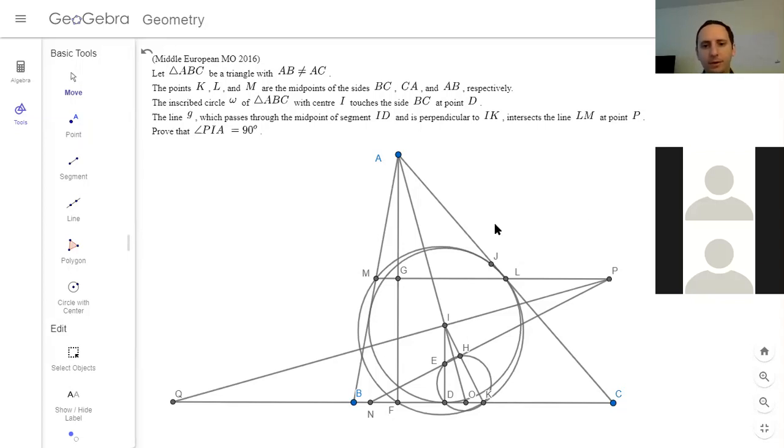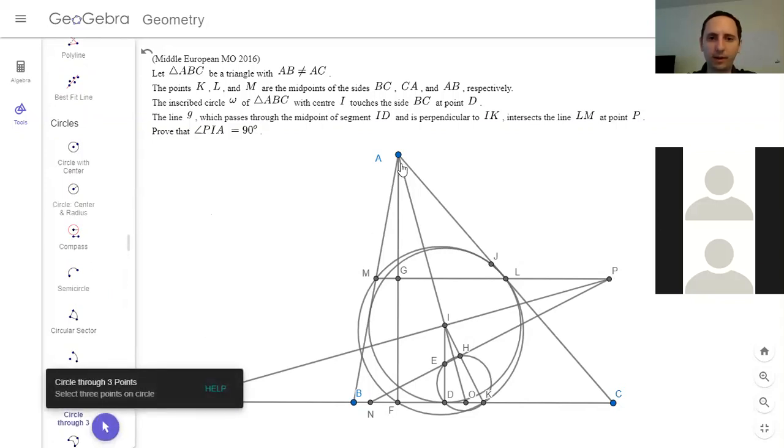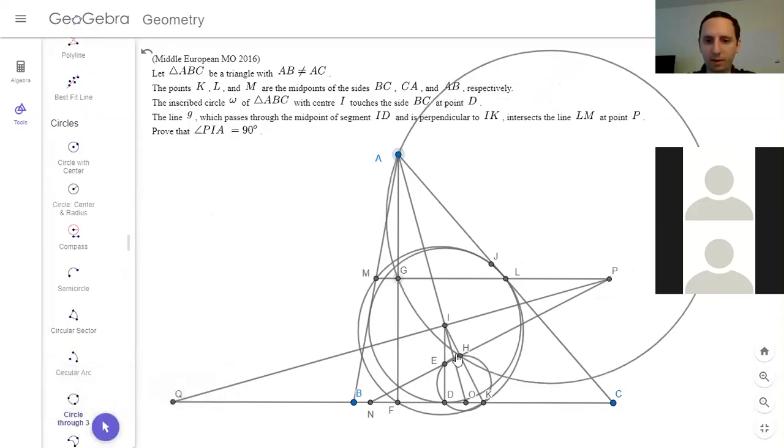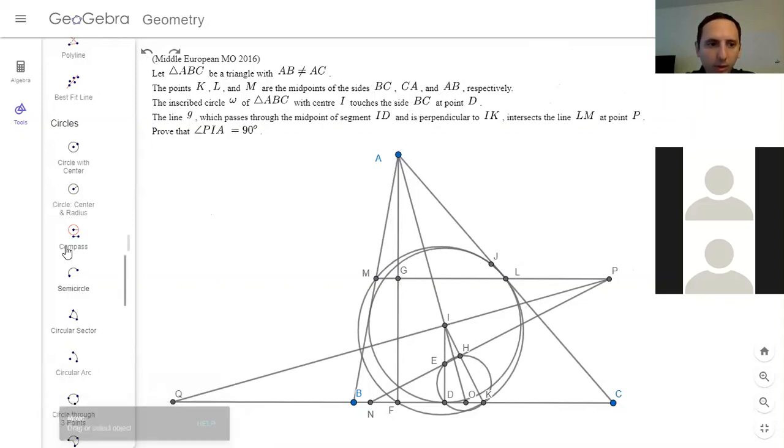I feel like it's better to let P prime be the cyclic point, and then to show that EP is perpendicular to IK. That seems more intuitive to me. So I'm going to do that.